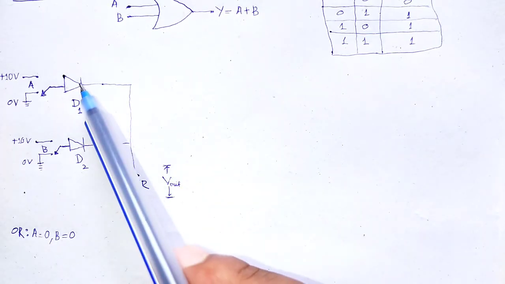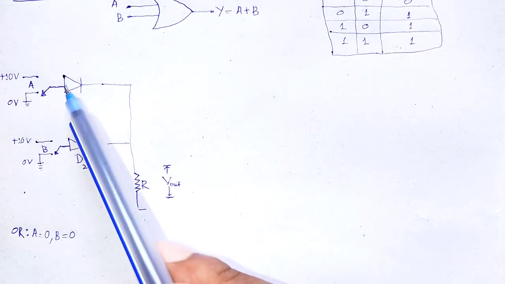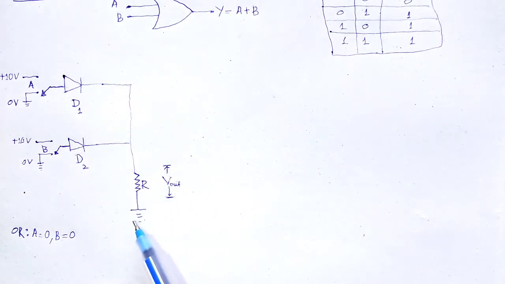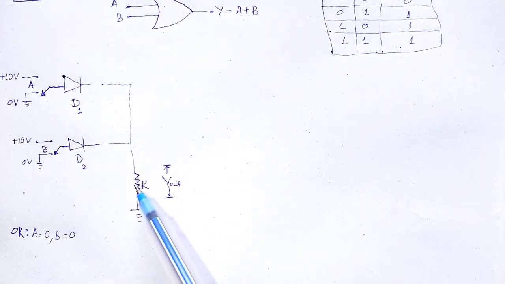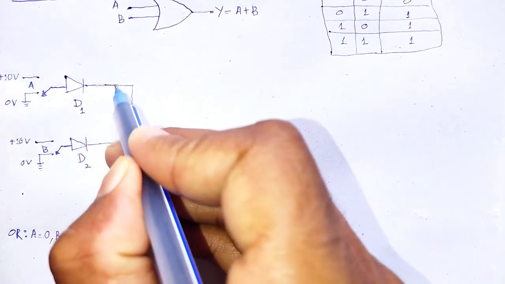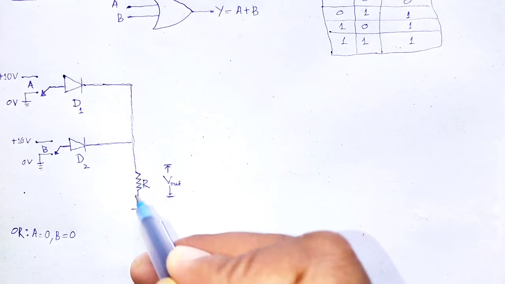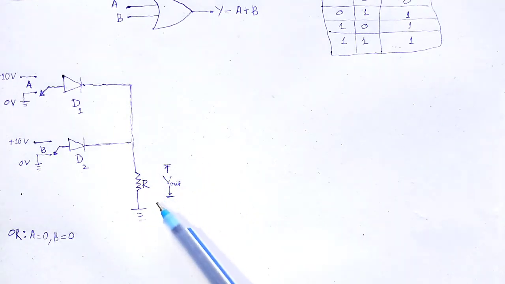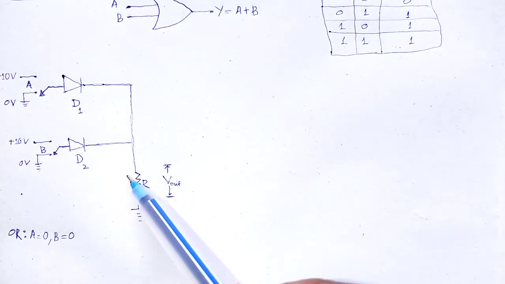The cathodes of these two diodes are connected to the ground through a resistor having resistance R, and the output is taken across that resistor.